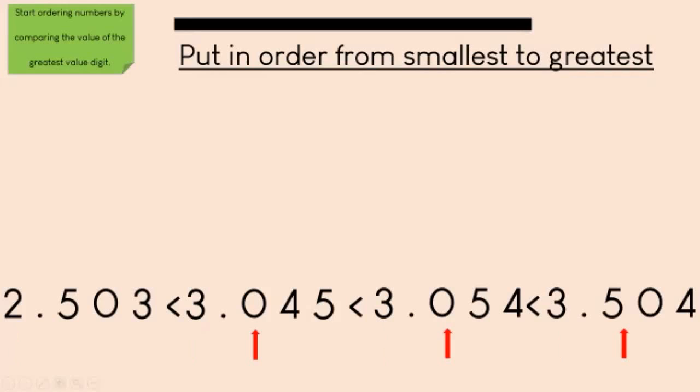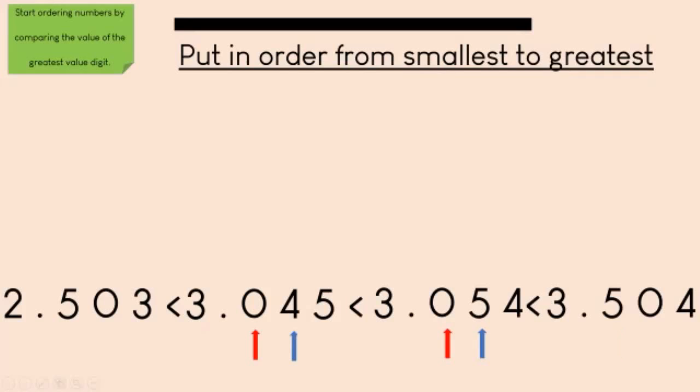Then we move from the ones into the tenths. Now, interestingly, these two have the same tenths digit, whilst this one has a 5. So I'm going to keep these two in my order as next in my order. But why are they in this order?